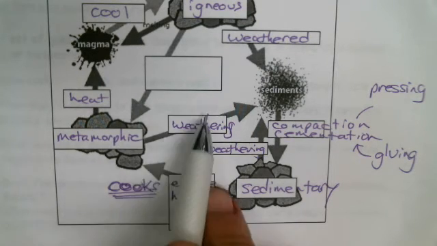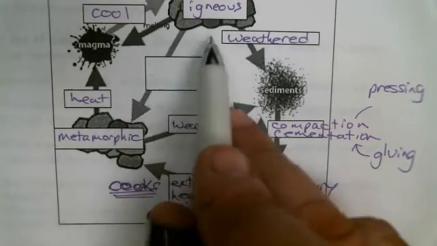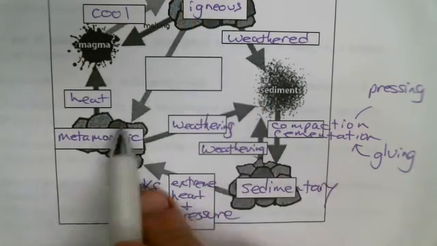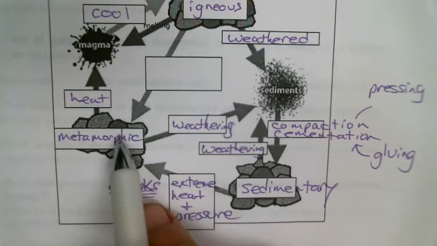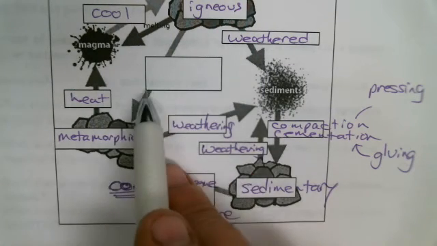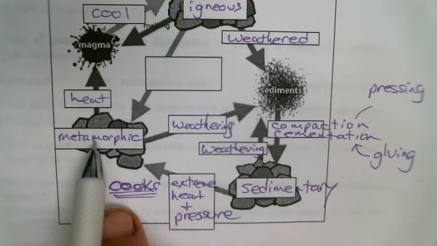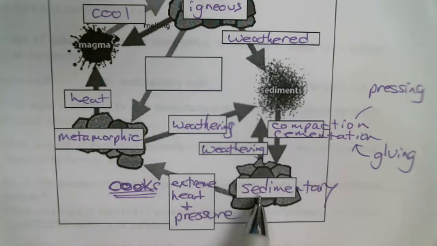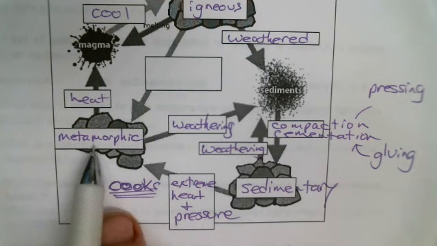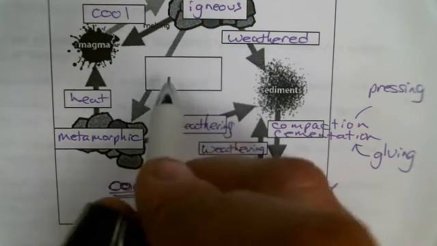Okay, now we have another box that's blank. That is between igneous and metamorphic, with the arrow going down to metamorphic. So this box is asking us what process turns igneous rocks into metamorphic rocks. And that's the same process that turns sedimentary rocks into metamorphic. It's the extreme heat and pressure.